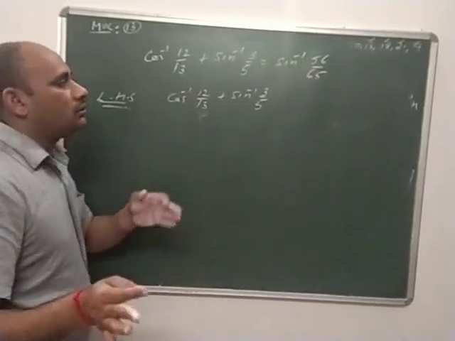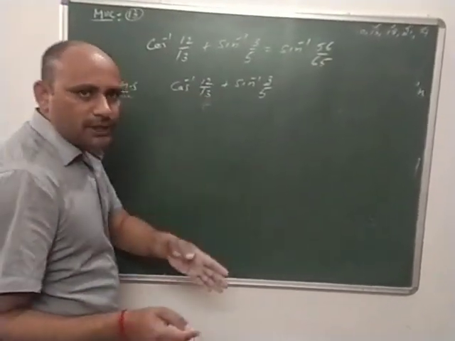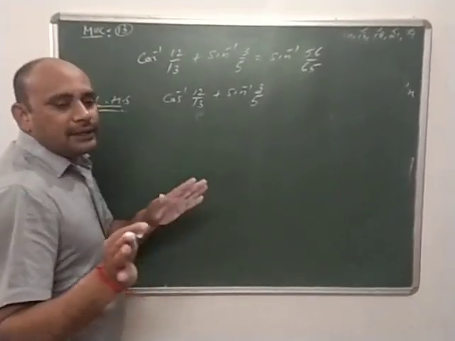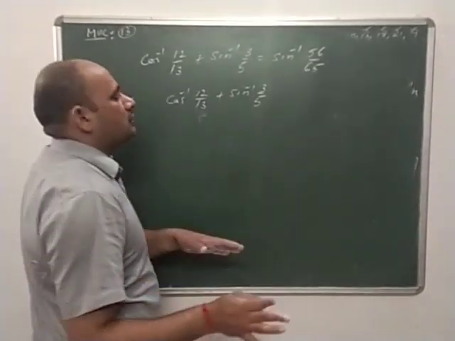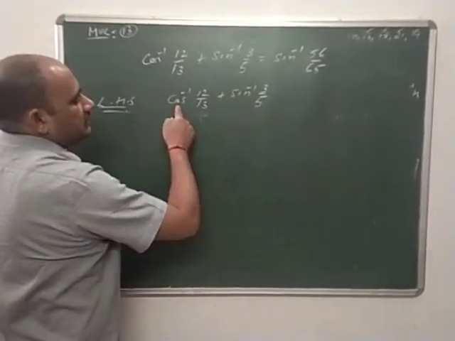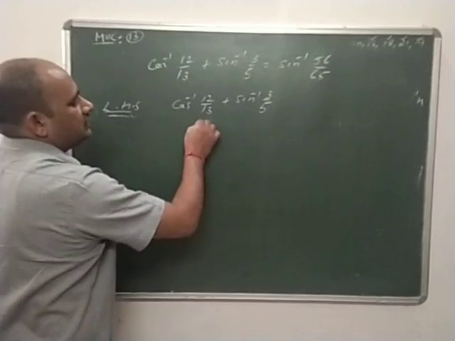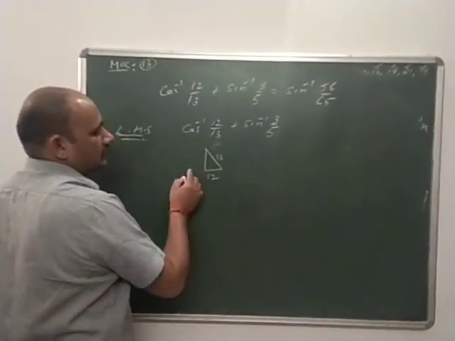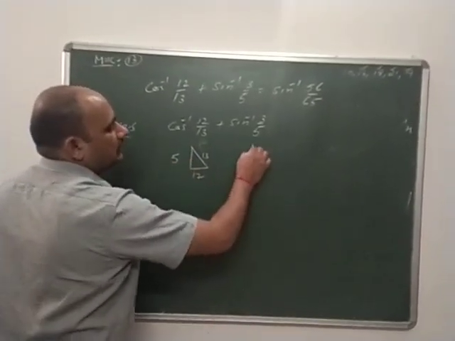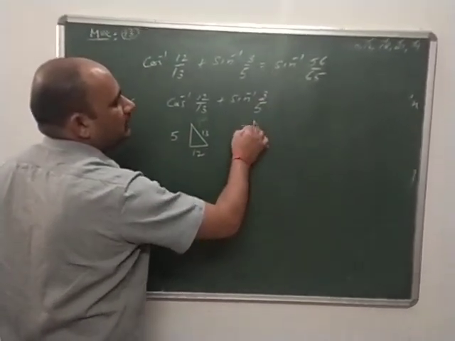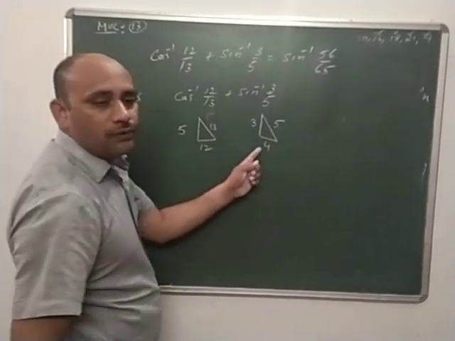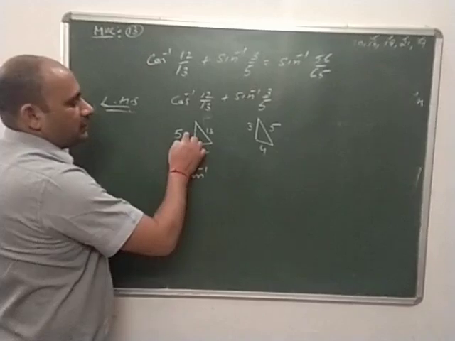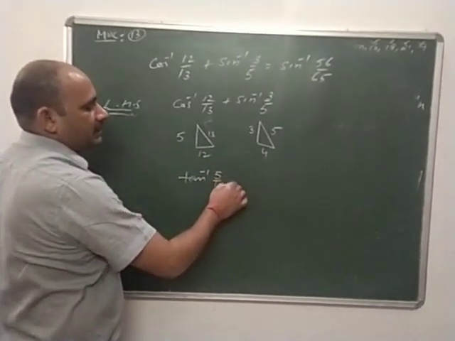There are other two properties also, but we will follow tan inverse x plus tan inverse y heavily here. So in this question we change cos and sine into tangent. Cos is base by hypotenuse, then by Pythagoras the perpendicular is 5. Sine is perpendicular by hypotenuse, then by Pythagoras the base is 4. Cos changes into tan inverse perpendicular by base.